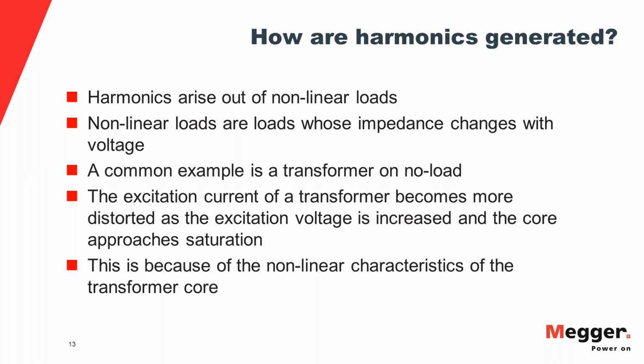But as you increase the voltage, it will slowly start becoming non-linear. The rate of change of current will start increasing as compared with the rate of change of voltage, and you notice that the current becomes more distorted. That's because of the saturation characteristics of the core.